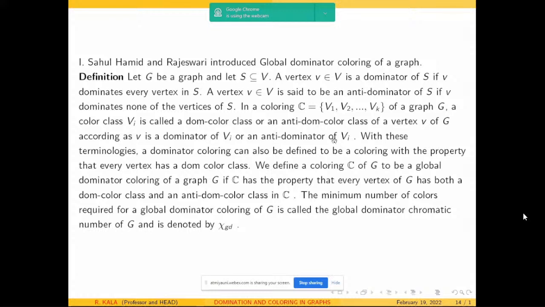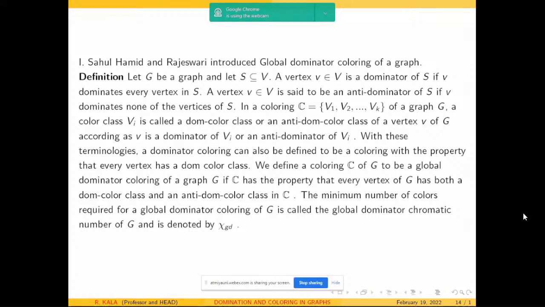With this terminology, you can define a coloring to be a global dominator coloring if you add one more condition. The original condition of dominator coloring is that every vertex of G should be adjacent to all the vertices of one color class. And now an additional condition: it is not adjacent to any vertex of another color class. So I am going to search for two color classes.